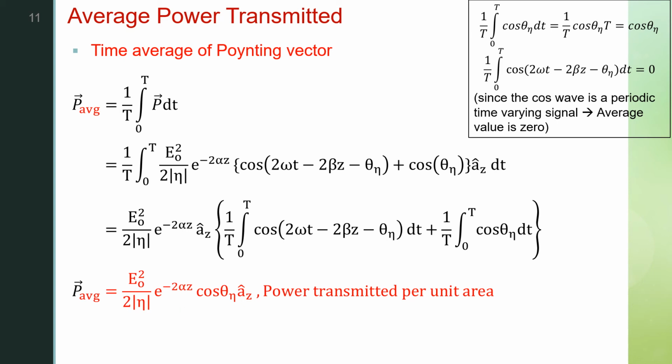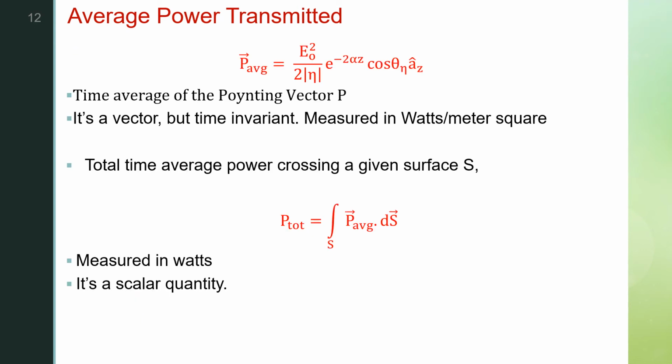That means the time average of the Poynting vector, P average, is time invariant. It also has a direction, so it is a vector, but it is time invariant, and it is measured in watts per meter square.